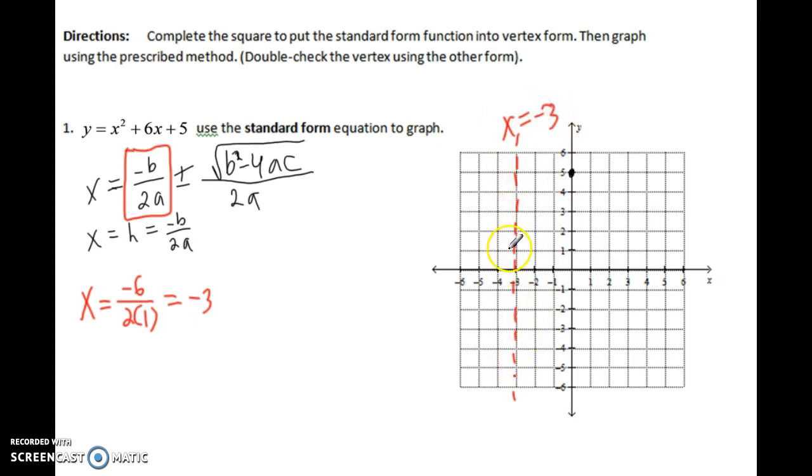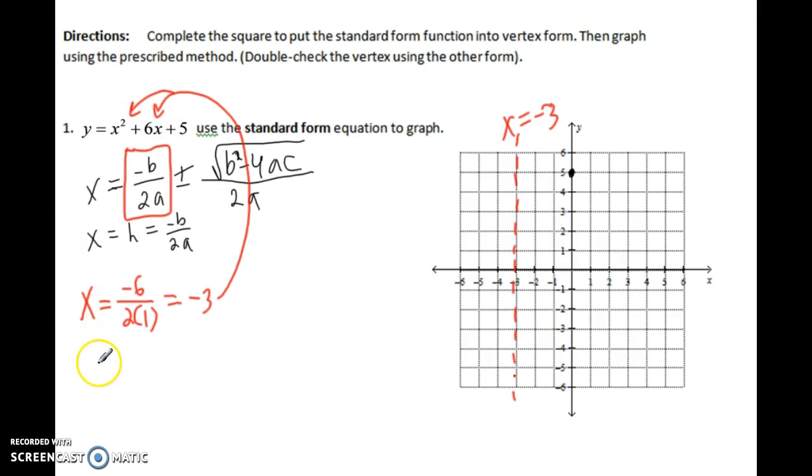The vertex is somewhere on that line. I'm not sure where it is, but it's somewhere on that line. So to find it, what's interesting is if we plug -3 into the function, everywhere there's an x, we're going to plug in -3 here. Let's see what happens.